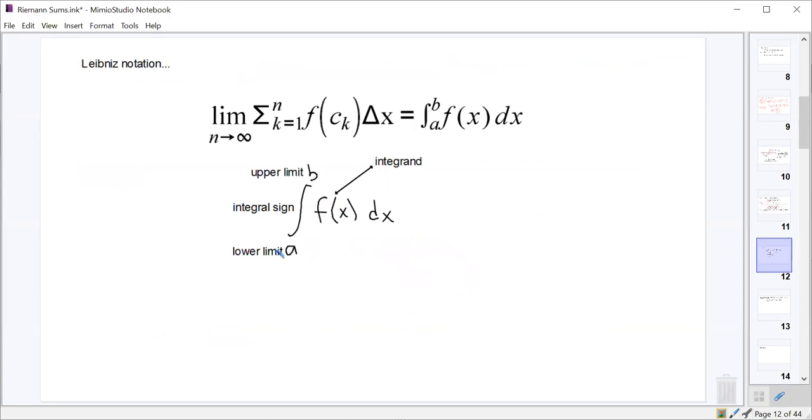Okay, so we know our integral sign, we got our lower limit, our upper limit. We call this the integrand inside of there. So our limit as n approaches infinity of the sum from k equals 1 to n of the area of each of the subintervals just becomes this integral notation. I think you should all be good with that. I hope.